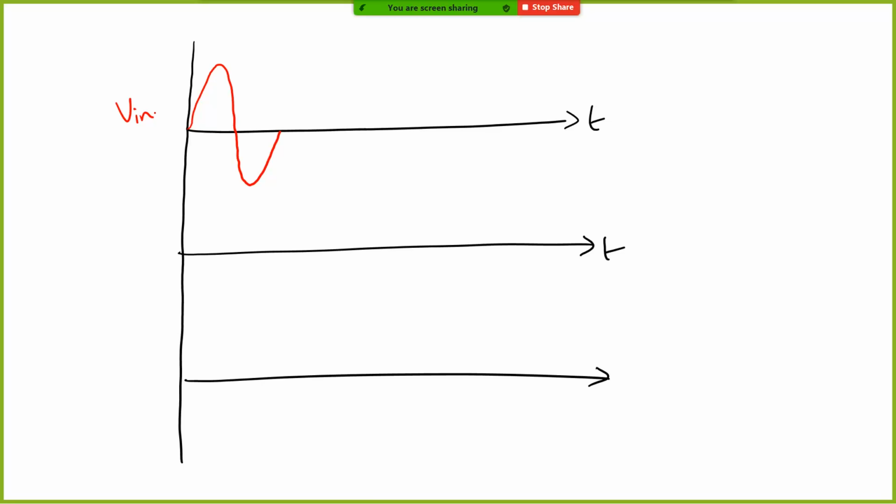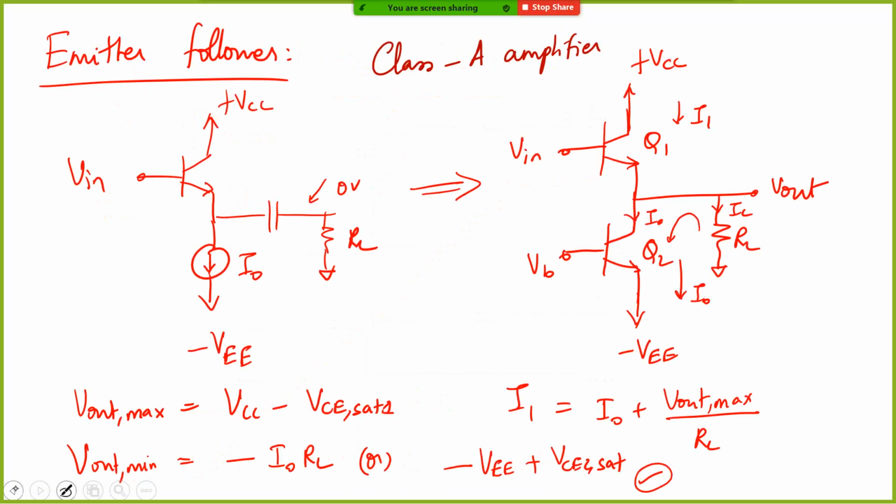Now, how will our IC1 behave? IC1 is the current flowing through this transistor. When it is going to max, it is going to support I0 plus almost VCC by RL.